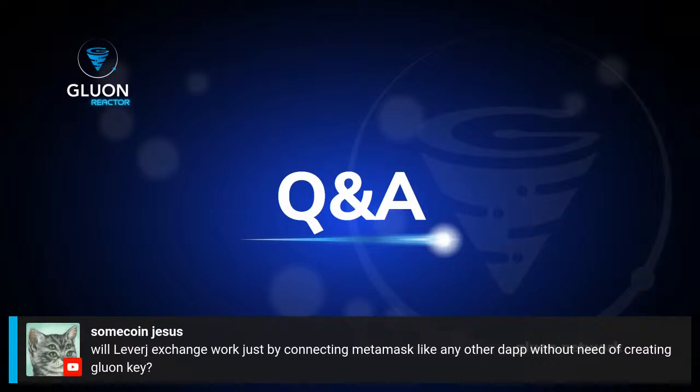You just interact with an existing app, and by the end of that interaction, you are done. That's the key difference between the Gluon Reactor UX and the existing rollups, where you have to create a key and store it in a browser and all of those issues.